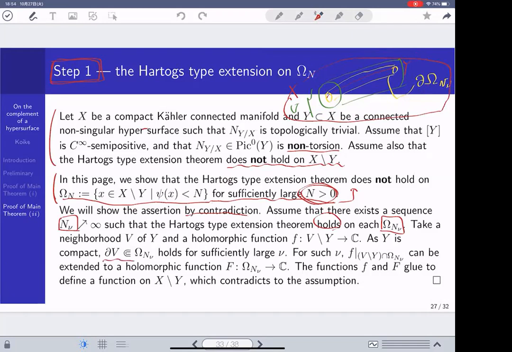So the boundary of V is a relatively compact subset of Omega n nu for sufficiently large nu.